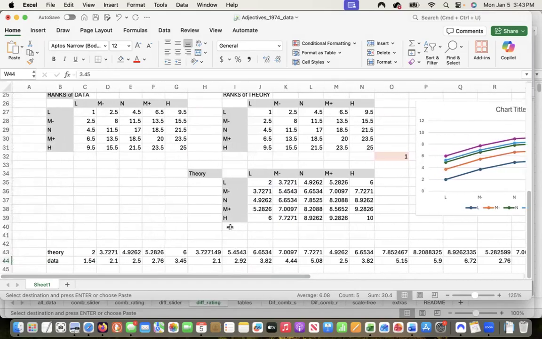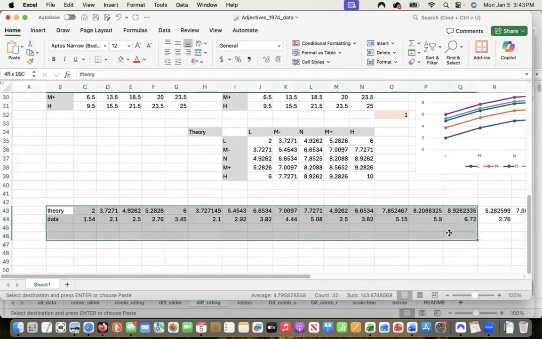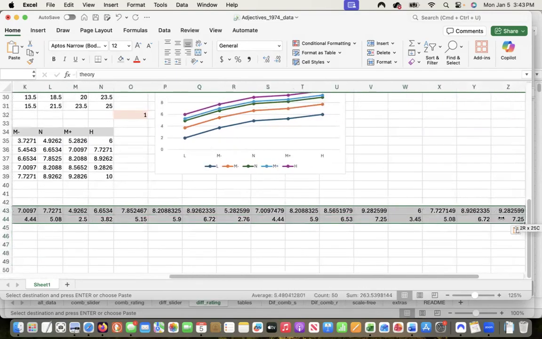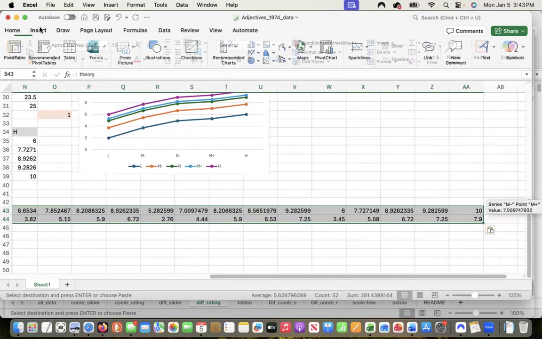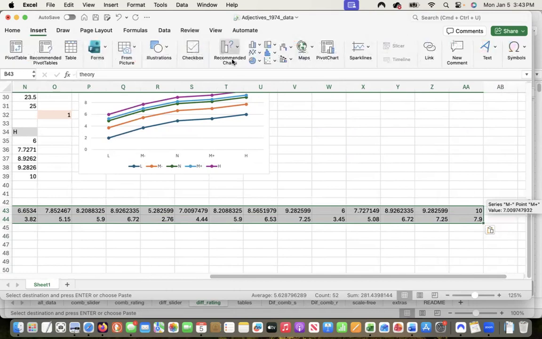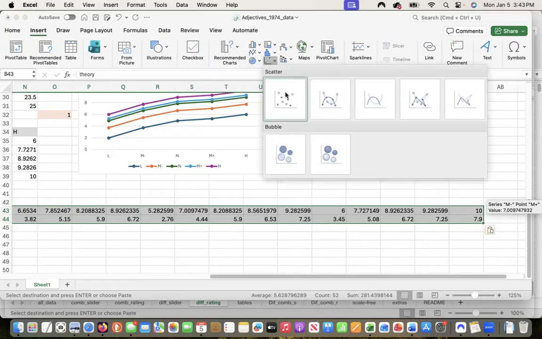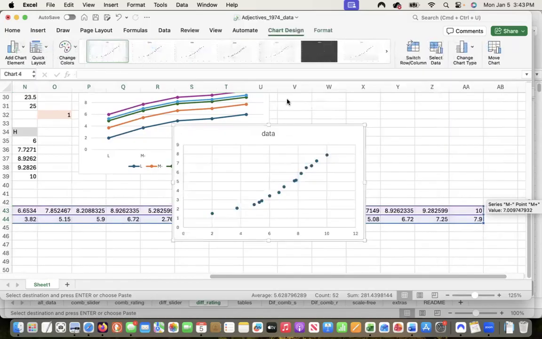We now have 25 numbers in each case. There's a lot of ties in there. And if we select all of this, we can draw the relationship between the two and ask if it's a strictly monotonic function, which we know it's going to be because the correlation was perfect. And there's the transformation.